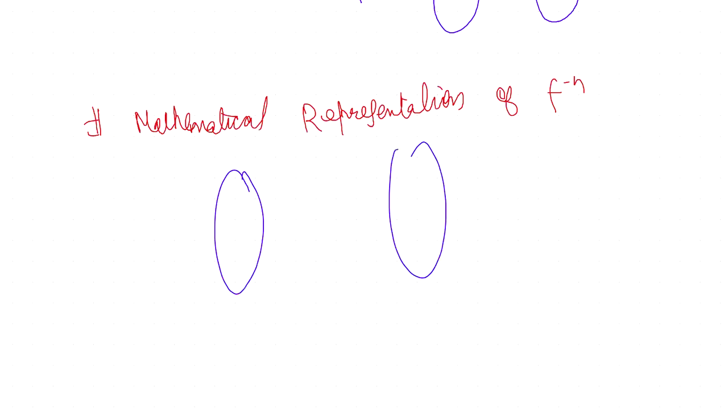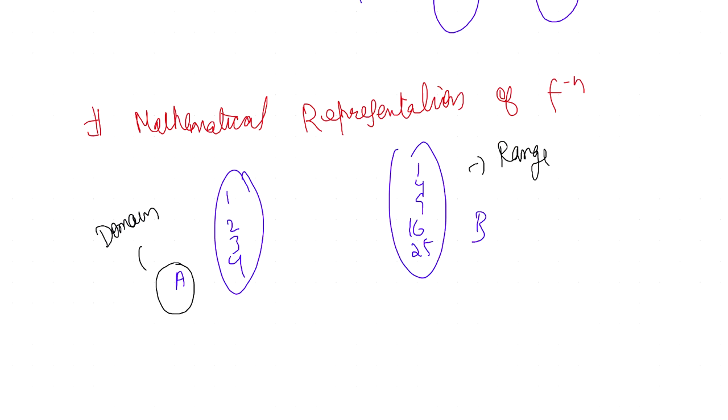Let's say this is our Set A, and this is our Set B: 1, 4, 9, 16, 25. This is what our domain is, and this is what our range is.